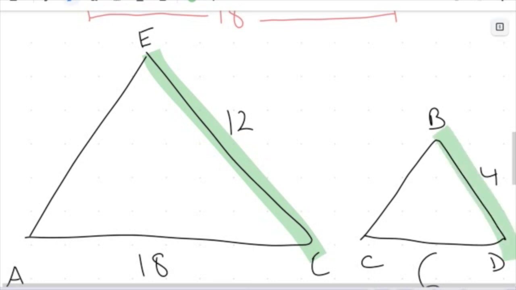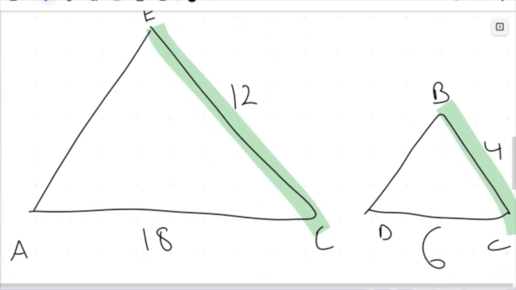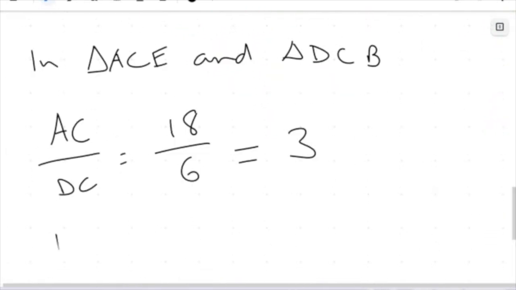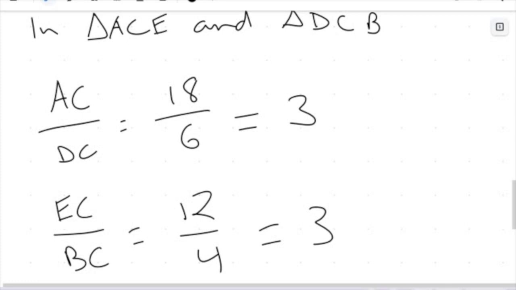Sorry, I have these the other way around. This is D, this is C. I'm going to check EC over BC here. So EC as a ratio over BC equals 12 divided by 4, which once again gives me 3.